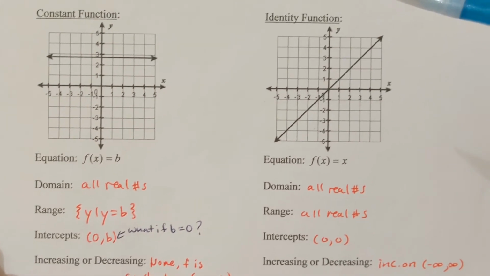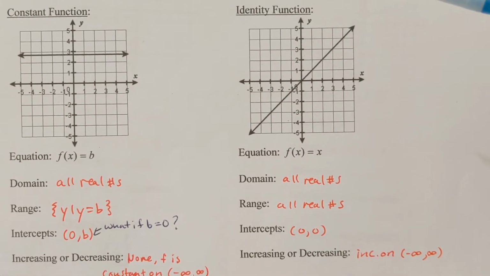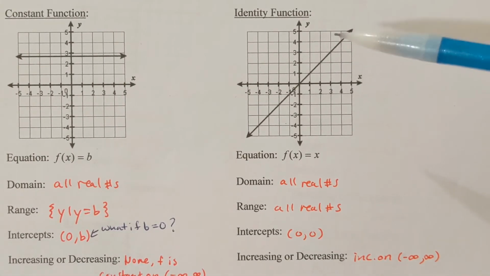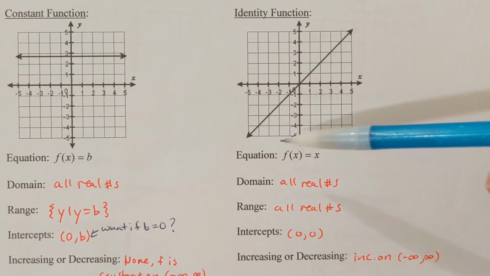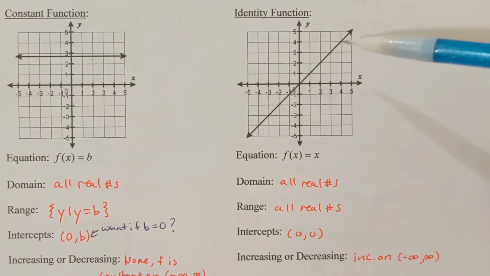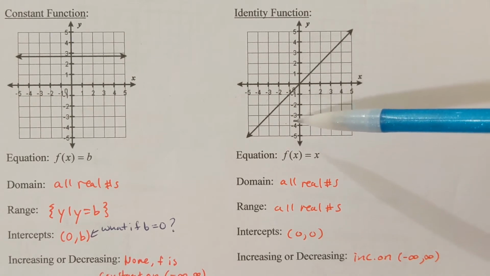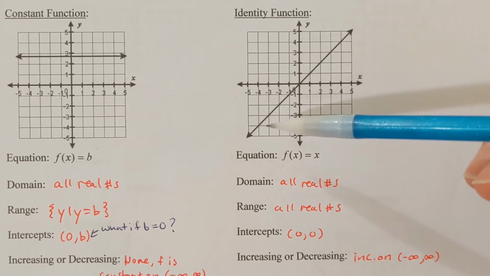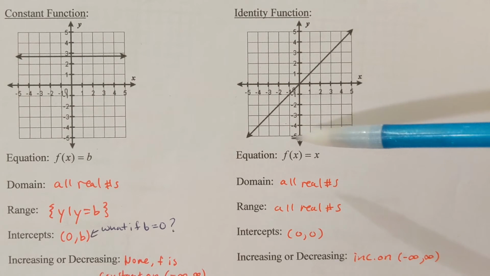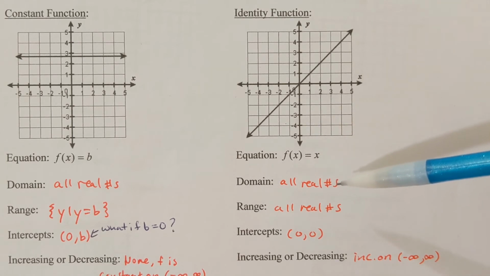Okay, here's one. The identity function. The equation there is f of x equals x, or y equals x, same thing. Y equals x is a line slanted at a 45-degree angle in quadrants 1 and 3. The domain is any real numbers.